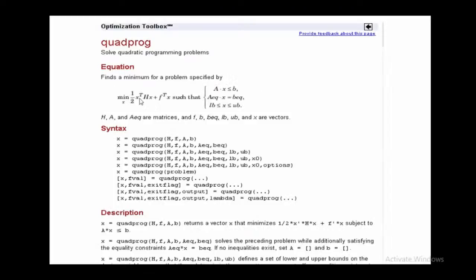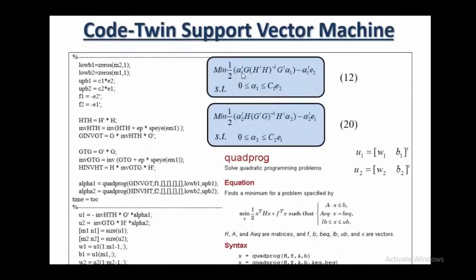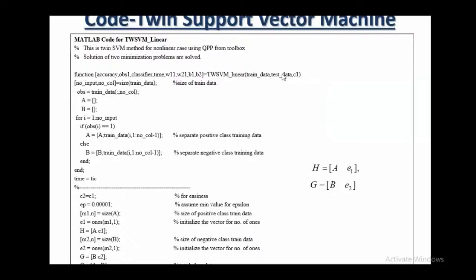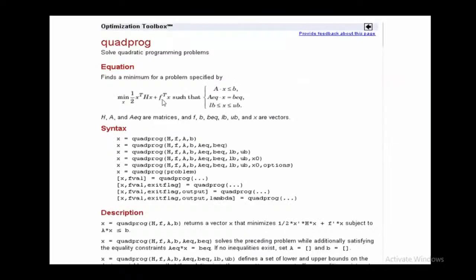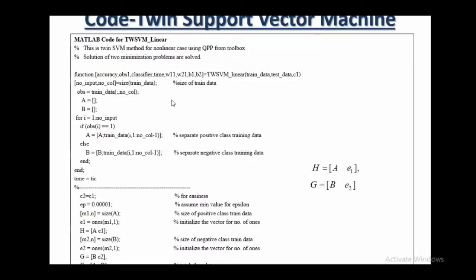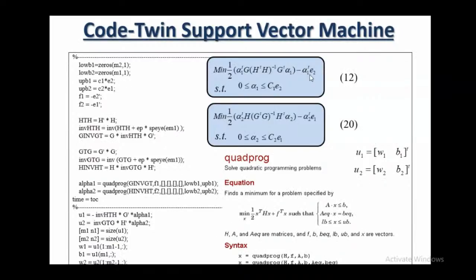So capital X is nothing but this G H transpose, H inverse G transpose, that will be your capital H, plus F transpose X. Because this is F transpose X, and here we have alpha 1 transpose E2, you can write it as E2 transpose alpha 1.